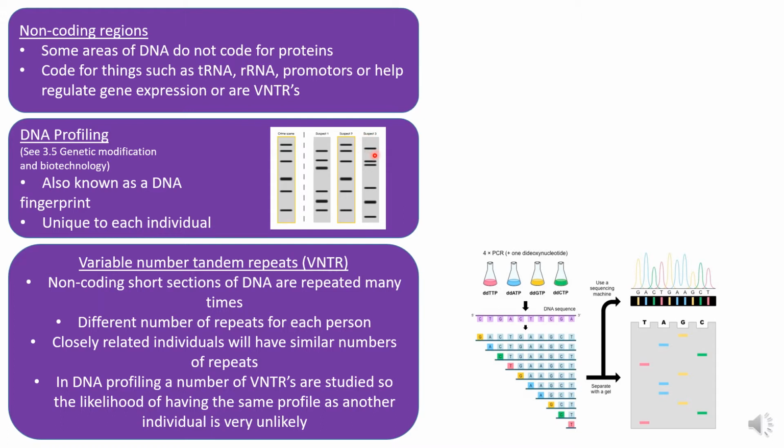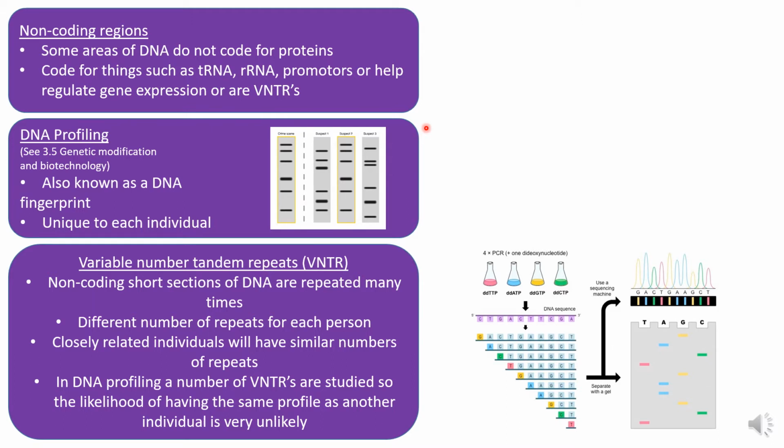When you run them on an electrophoresis gel, they move a different distance. The shortest ones move the furthest, and the longest fragments move the least. So the number of repeats determines the size of the fragment, and that then determines how far that fragment will be able to move on an electrophoresis gel.